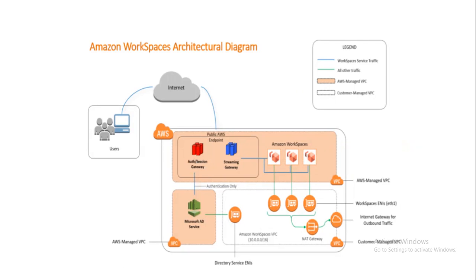It verifies the user credentials with the Active Directory and then passes it onto the streaming gateway, which picks up the workspace configured for that particular user ID. It is then transferred over the streaming gateway using the protocols back to the user over the internet. This is how a user gets access to the workspaces.